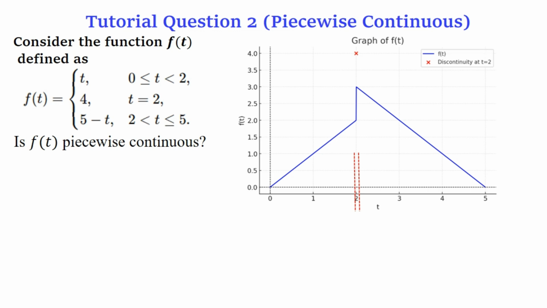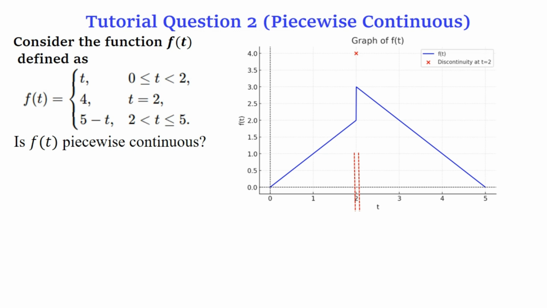But exactly at 2, the function is 4. That's why I can see the red cross at the top there. And immediately after 2 to 5, the function is 5 minus t. So what happened at 2 tells us that the function is discontinuous at 2.